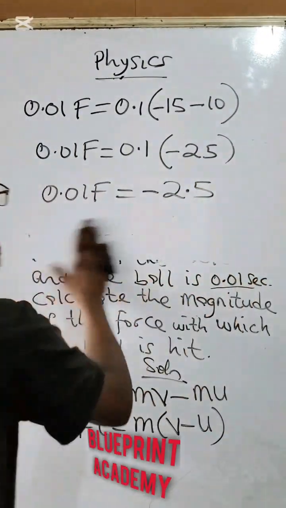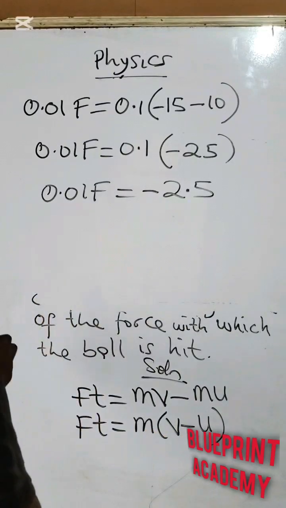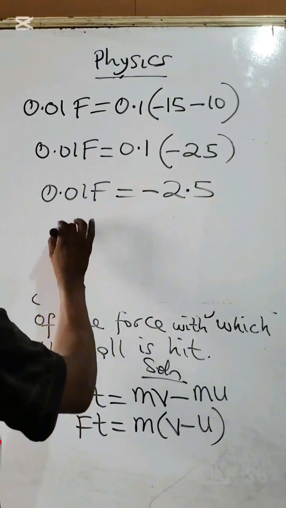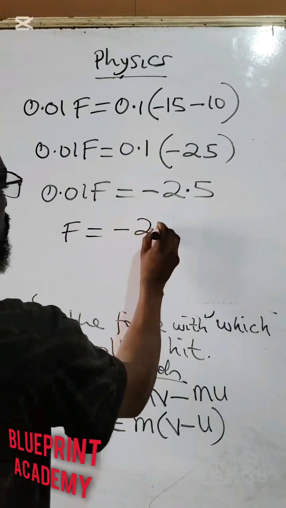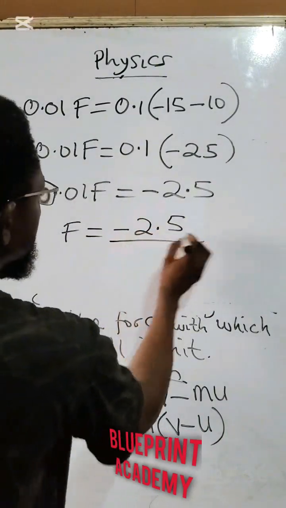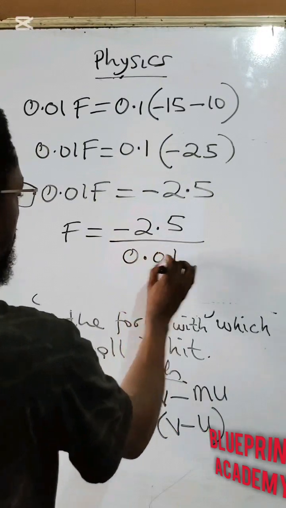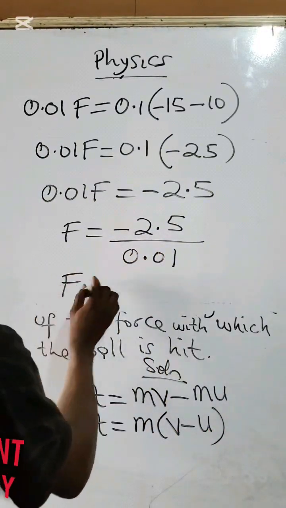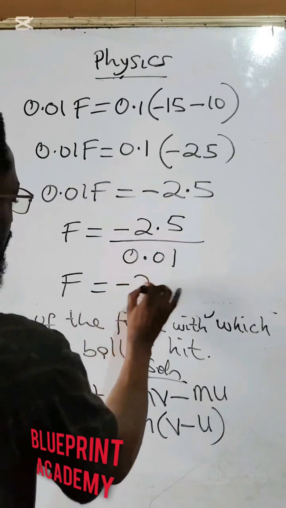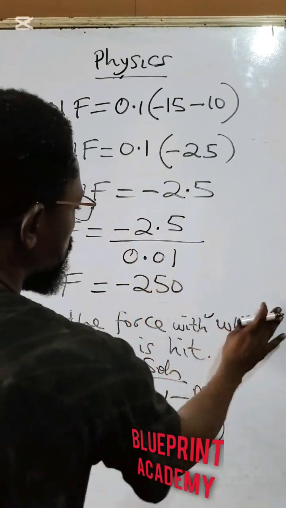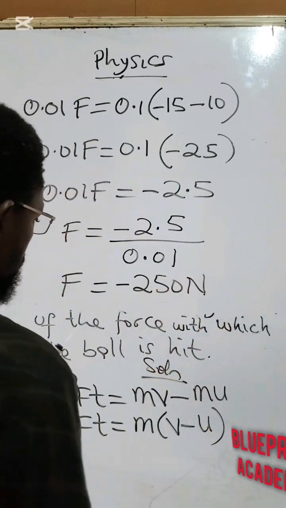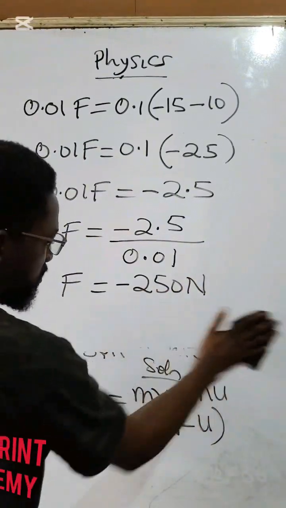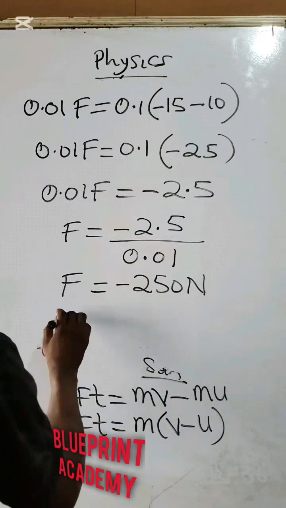Now we divide both sides by 0.01, and that will give us the magnitude of the force. So we get 2.5 divided by 0.01, and when you divide that, you get the force as minus 250 newtons. Of course, the force is going to be positive, so I'll put it as 250 newtons.